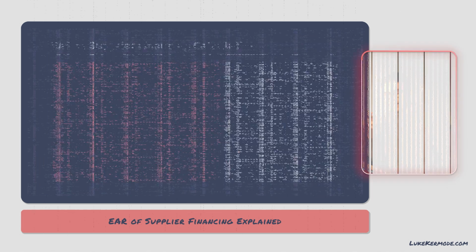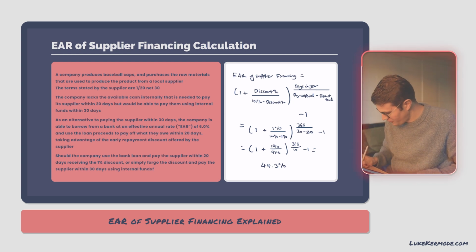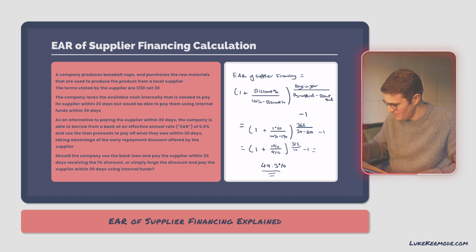So that is the annualized interest rate that the company is basically taking out if they forego the early repayment discount from the supplier and pay them within the 30-day window using their existing cash reserves. That's the interest rate, 44.3%.